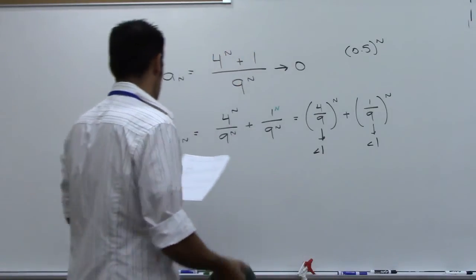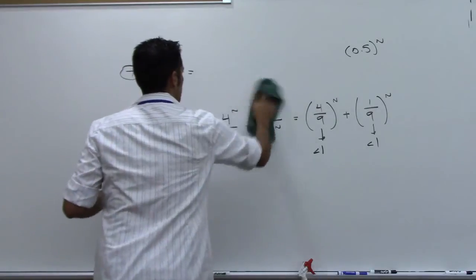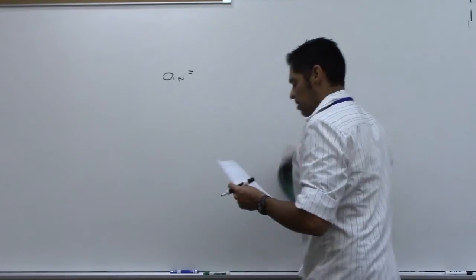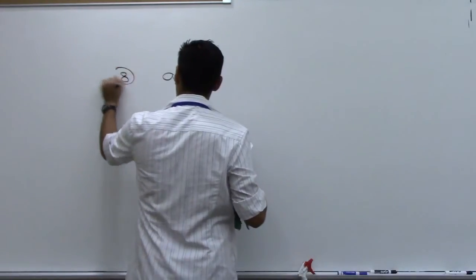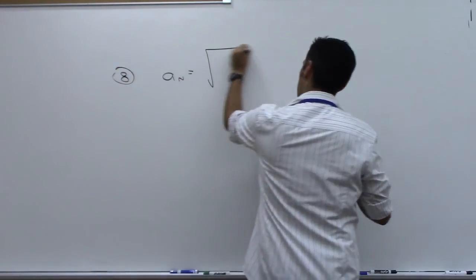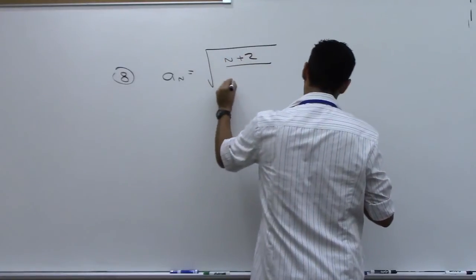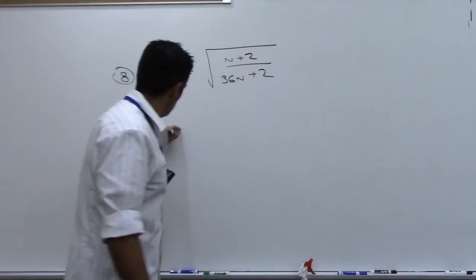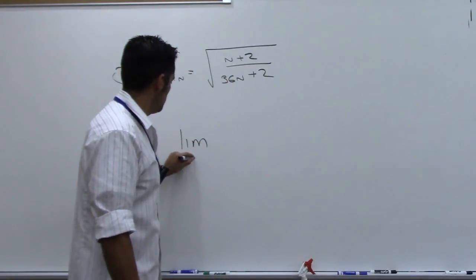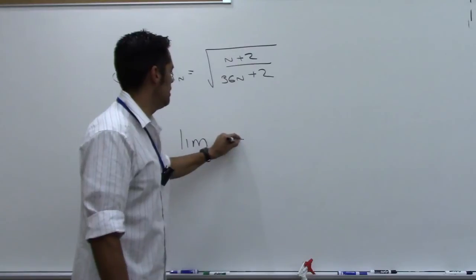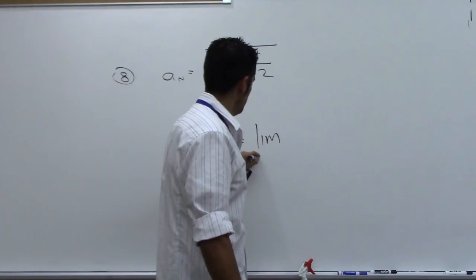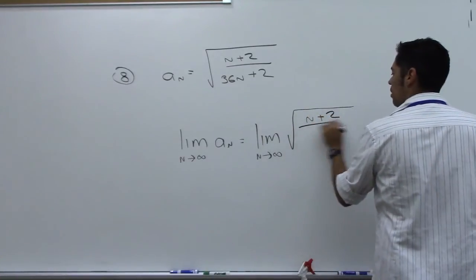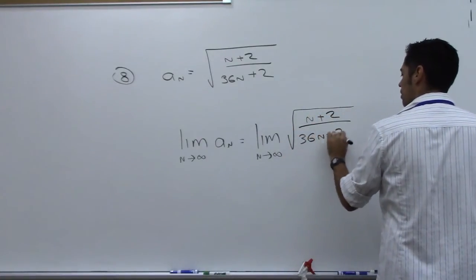Okay, number 8 involves a square root. And the only thing I'm going to show you on 8 is just how to maybe start off. I give you the square root of n plus 2 over 36n plus 2. So we want to know what the limit is as n goes to infinity of a sub n, which is the limit as n goes to infinity of the square root of (n plus 2) over (36n plus 2).